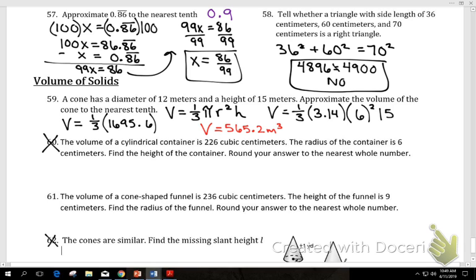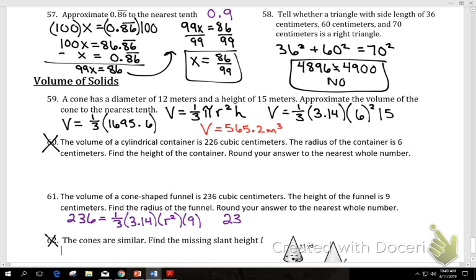Number 61 gives us volume that we plug in for volume. And then again, it's 1/3 times pi, but now I don't know the radius. So what can I do here to start unpacking this problem and simplifying what's on the right side of the equation? Ethan, what did you do on number 61 to start simplifying the right side? Yes, multiply 3.14 times 9 and then divide that number by 3.